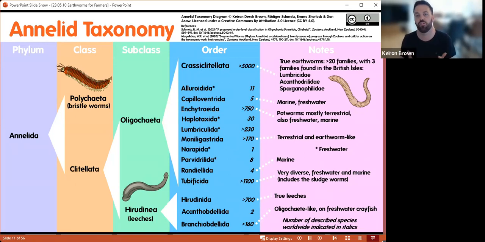And we can see there that over 5,000 species have been described by science to date. In the UK, though, we only have 3 families, and 2 of those families have just a single species, and those 2 families, the Acanthodrilidae and the Sparganophilidae, that have a single representative, are actually not native to the UK.